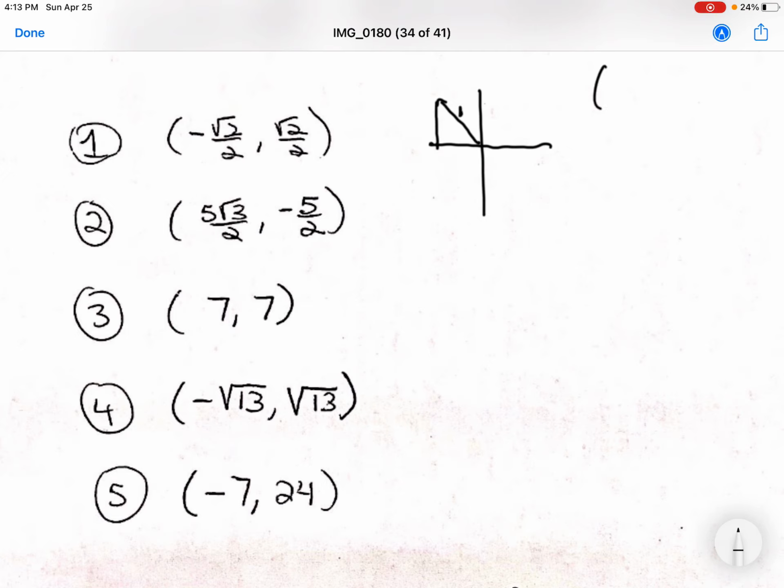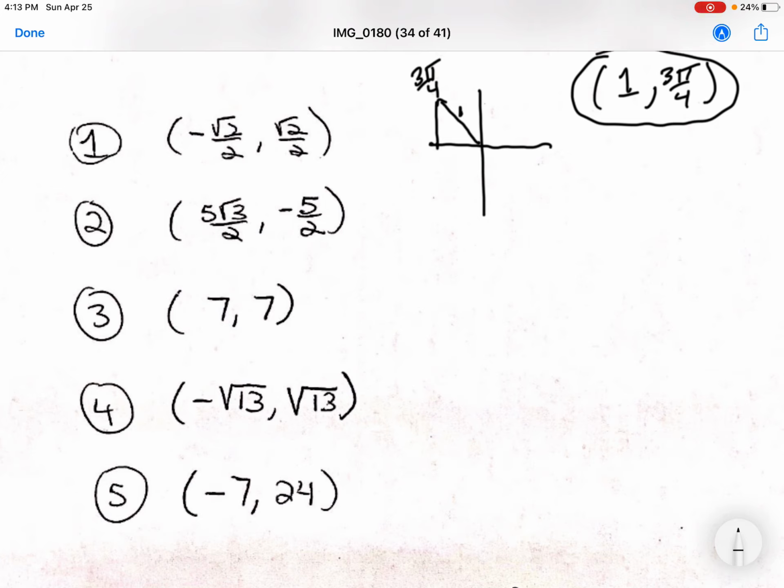And so on these polar coordinates, we're writing our radius first, and then we'll write what the radian is, the positive radian. So the positive radian is 3 pi over 4. So that is your answer on number 1.